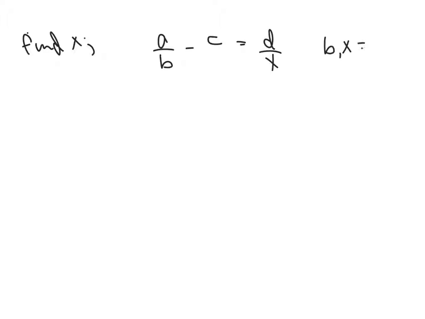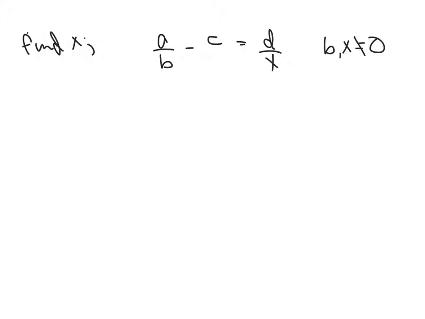Okay, let's keep practicing. Find x, this is 104.3, when a over b minus c equals d over x, and we know that both b and x cannot be equal to 0.